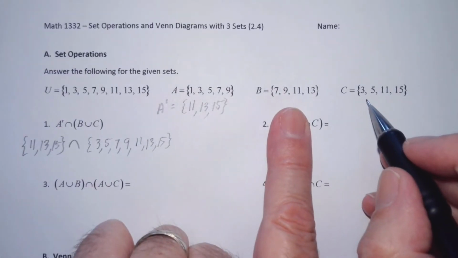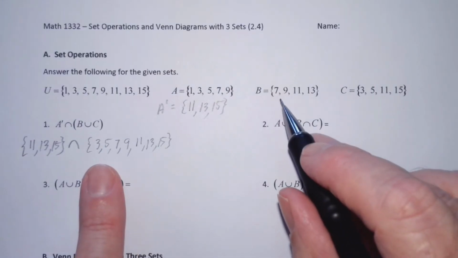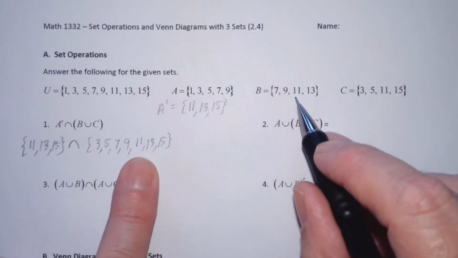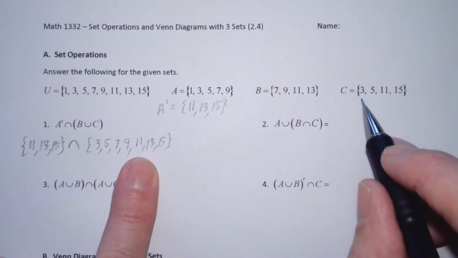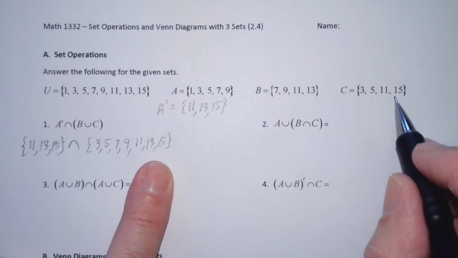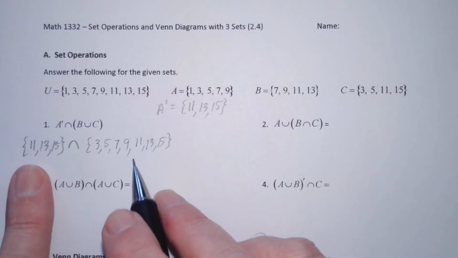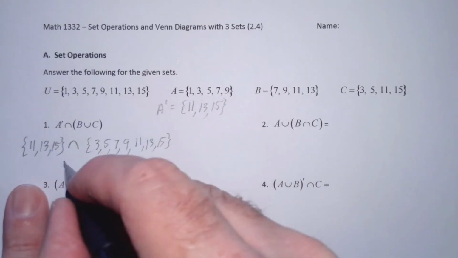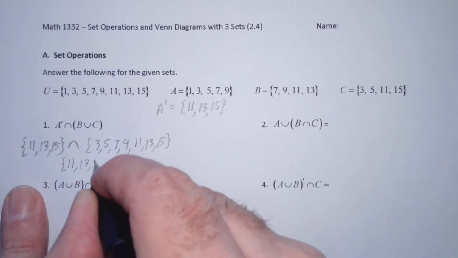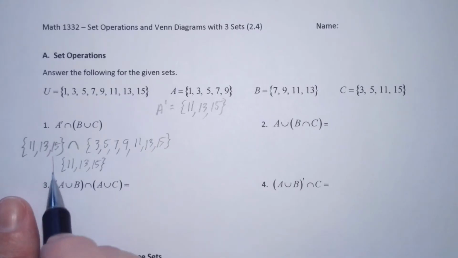And if you combine these sets together, you get this set here. Notice 7, 9, 11, and 13 are in here. 3, 5, 11, and 15 are in there. And so now we just need to find the intersection. It's going to be 11, 13, and 15. And that'll be our final answer.